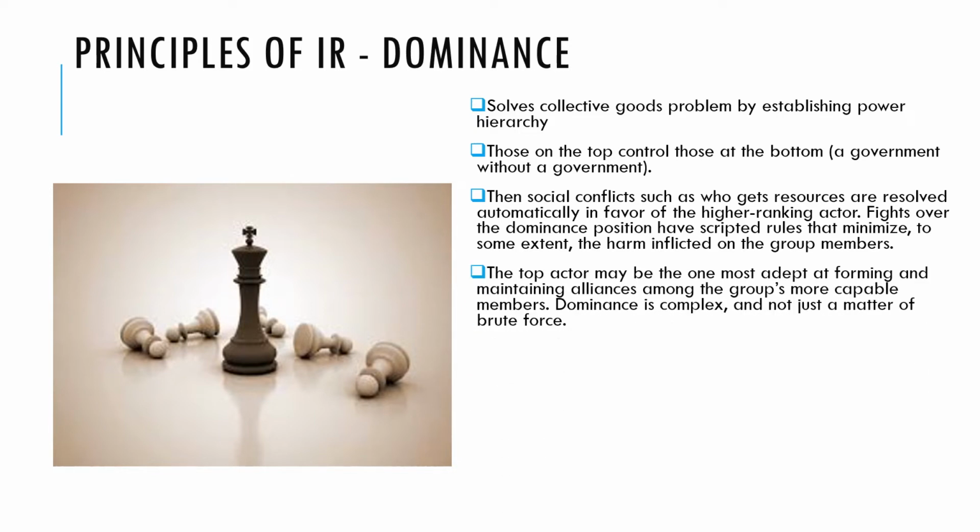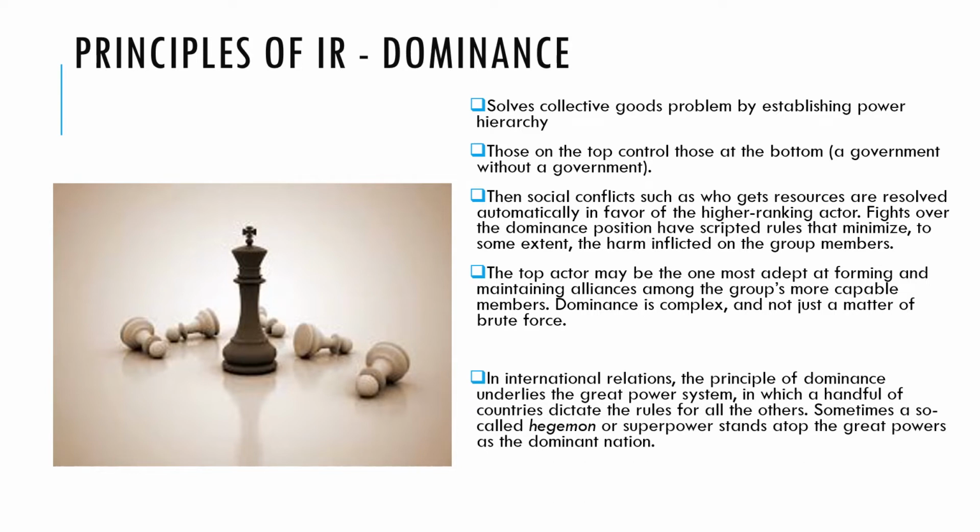The top actor might be the most adept at forming and maintaining alliances among the more capable members. Dominance itself is complex and not just a matter of brute force. So basically, dominance is going to involve both raw power and soft power.